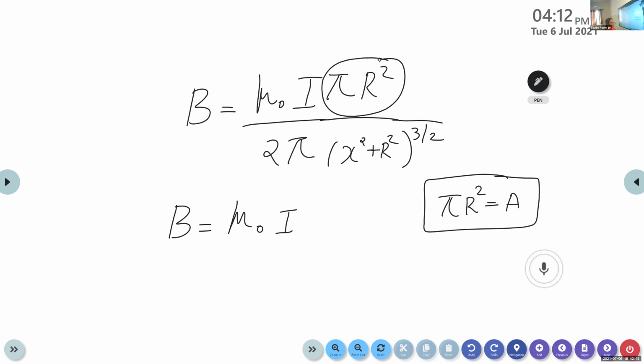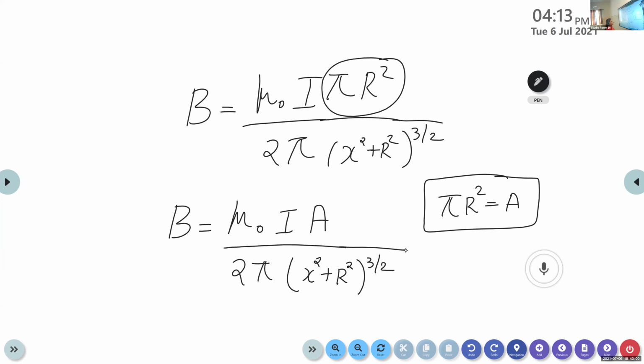That is, pi r square is equal to the area. So our equation for the magnetic field becomes B is equal to mu 0 I A divided by 2 pi into x square plus r square the whole raised to 3 by 2.